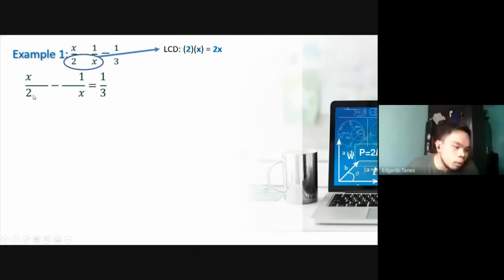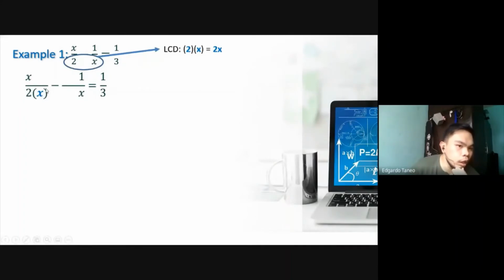So anong kulang sa 2 para maging 2x? Anong imumultiply natin sa 2 para maging 2x? Okay, very good, class. So x. Now, since nagmultiply tayo ng x dito sa denominator, magmumultiply din tayo ng number na minultiply natin sa denominator sa numerator.